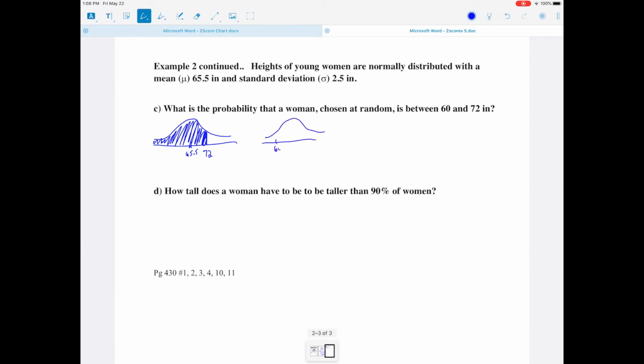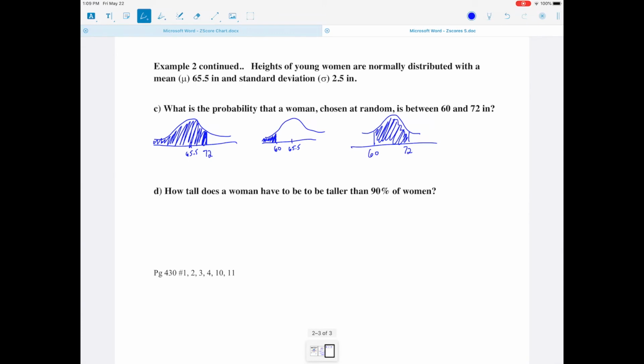Well, 60 inches is over here somewhere below my average of 65.5. And so that's this. And that's what we're trying to get. Our picture is that we are trying to find what percent of people are between 60 and 72. And we're trying to find the area of this in between.